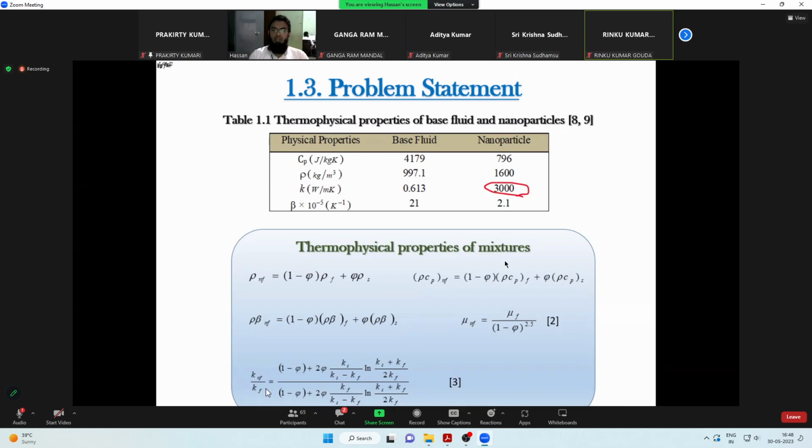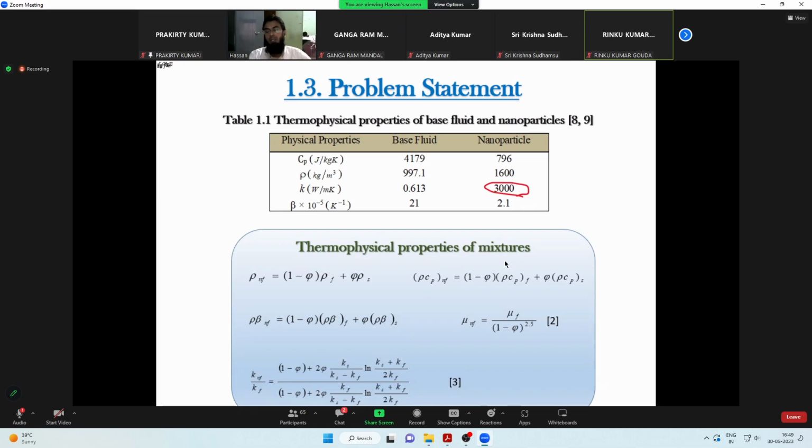Several such correlations have been proposed by researchers and are widely reported in the literature. Finding out these thermophysical properties on your own could be an interesting area.